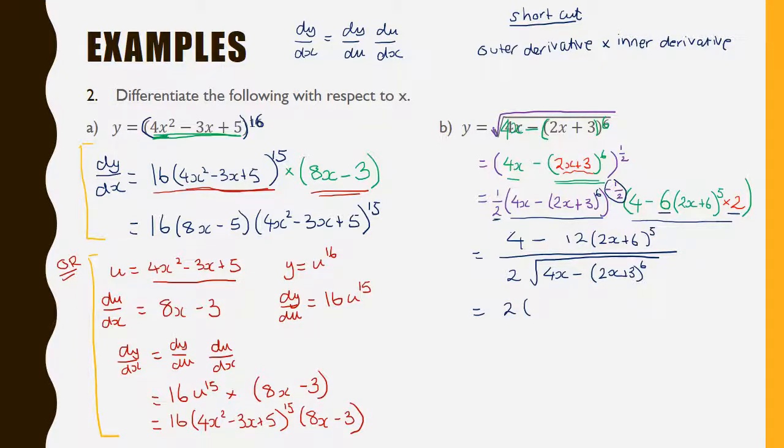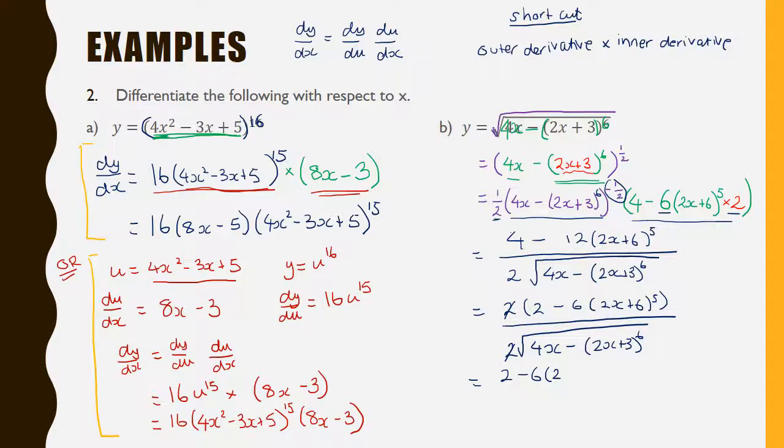Well, actually we can take 4 as a common factor, but I'll just take 2 to make my point for cancelling here. Over the square root of 4x minus 2x plus 3 to the power of 6. And we can cancel out our 2's there to lead to our final answer. So this was using the shortcut method.